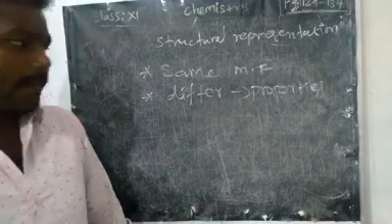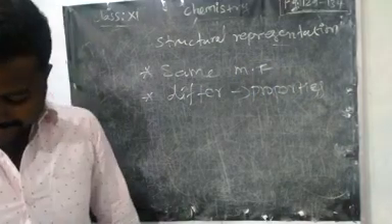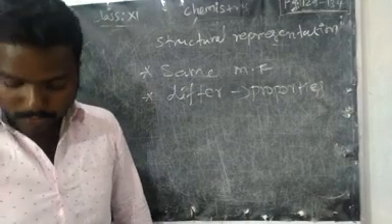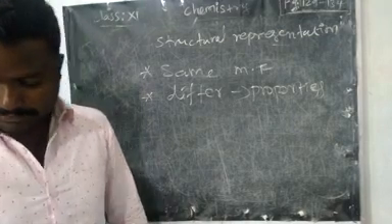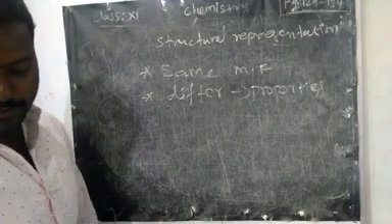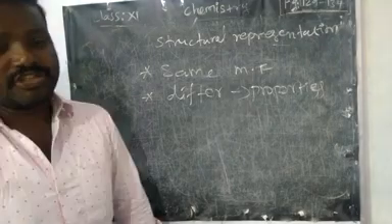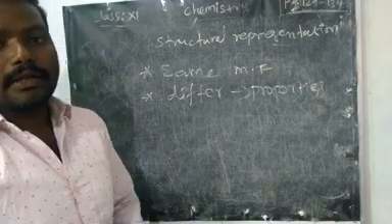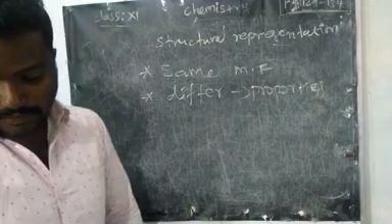So the definition of isomerism: two or more compounds with the same molecular formula but different structures, which have different properties. They are called isomerism.